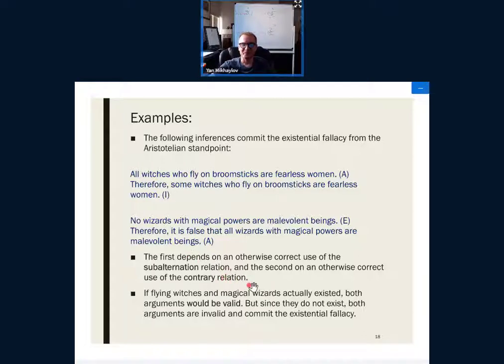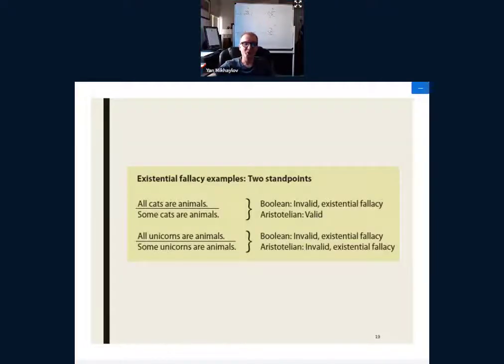So anyway, this is existential fallacy. Note, again, this is like a nice little table. We can have Boolean and Aristotelian. From Boolean, going from all cats are animals to some cats are animals is invalid, existential fallacy. Going from all unicorns are animals to some unicorns are animals, also invalid and also existential fallacy. Why?